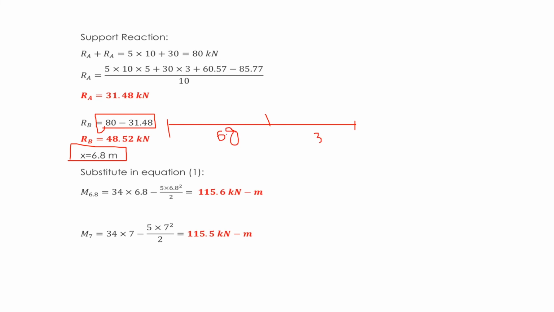So we got 34 times 6.8, so 115.6 kilonewton meter, and M7 is equal to 34 times 7, based on the original diagram, minus 5 times 7 squared over 2, so 115.5. Just a little bit different from M6.8 and M7. So it's applicable to use for beams or any kind of steel bar reinforcement.